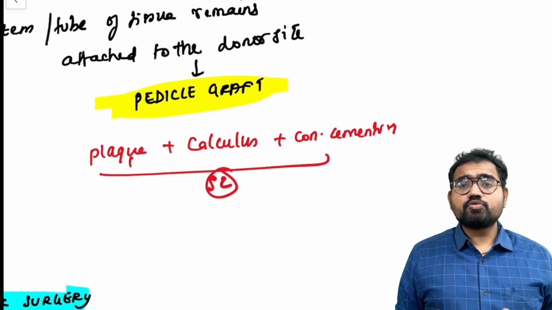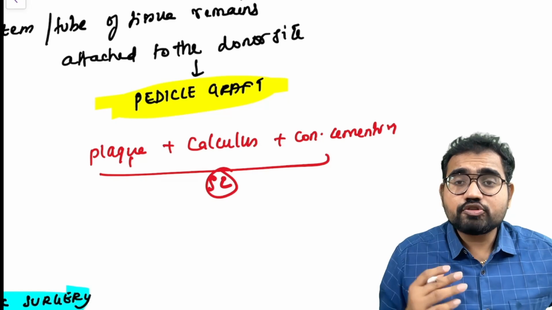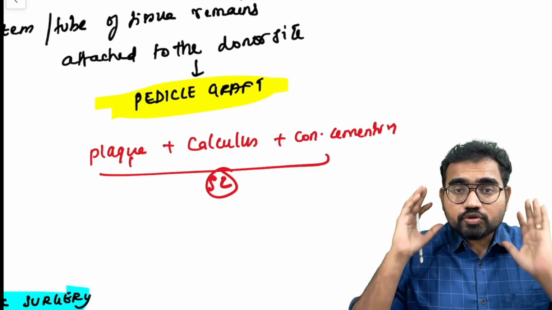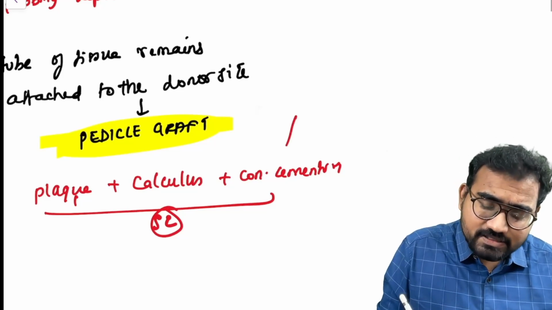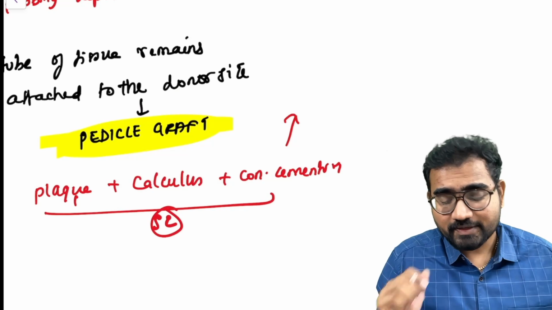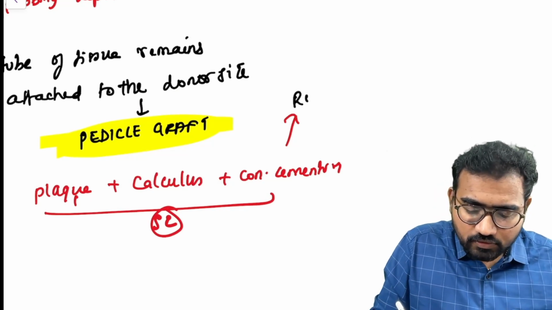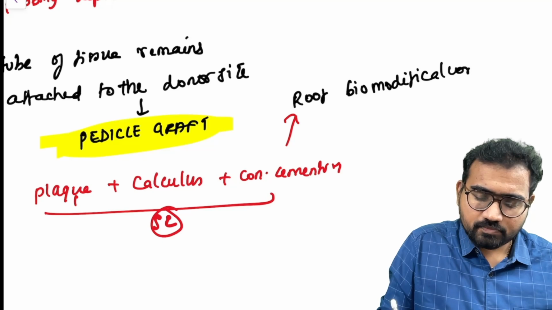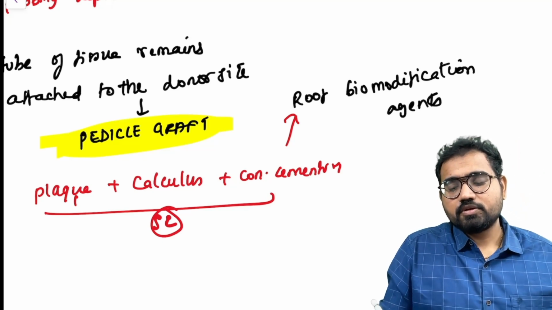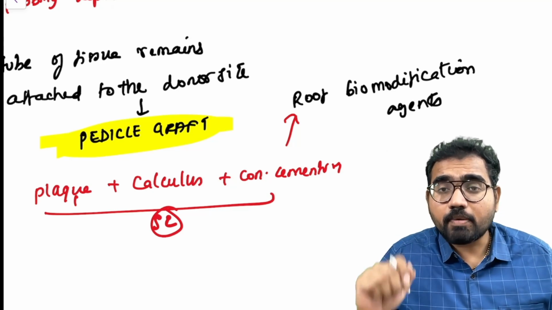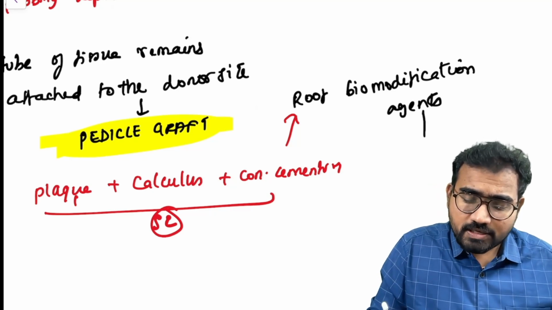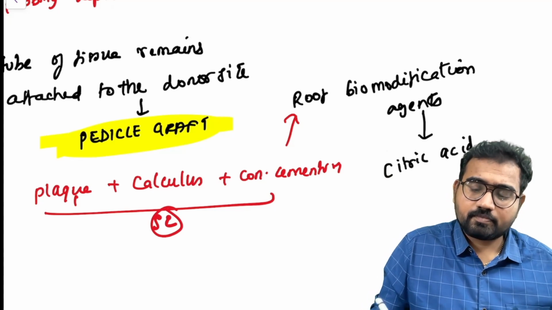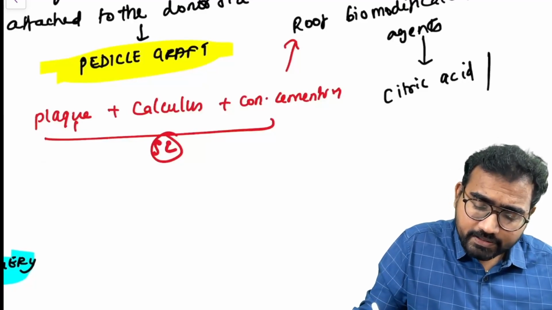Whenever I'm going to do any kind of mucogingival surgery, I should make sure that the root surface is clean and free of smear layer. So to remove the smear layer, I will add some agents. Those agents are called root biomodification agents. Some root biomodification agents are citric acid or tetracycline.